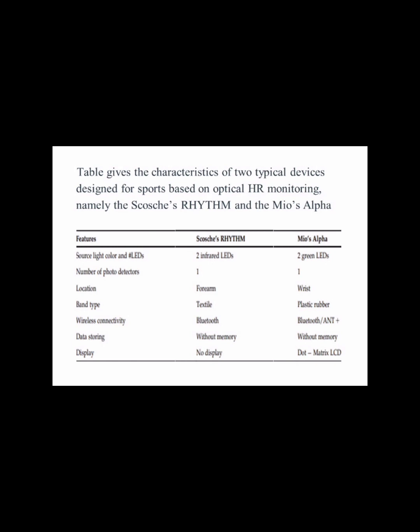For wireless connectivity, the technology they are using in Sochi's Rhythm is Bluetooth, and in Myo Alpha it is Bluetooth or ANT plus. For data storing, no memory is used in both devices. For display, there is no display in Sochi's Rhythm, and a dot matrix LCD is used in Myo Alpha.